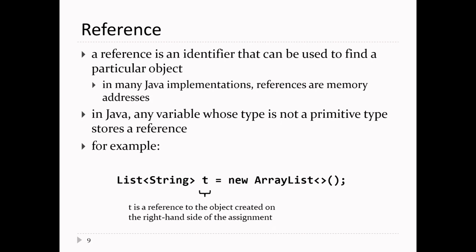All right, so these things called reference types are called that because a reference type variable stores a reference. A reference is just something that lets you identify a particular object. In most Java implementations, references are memory addresses, so they're like pointers.